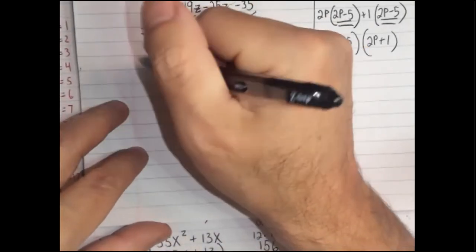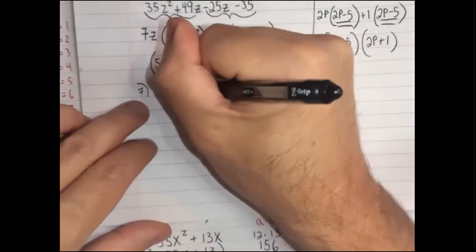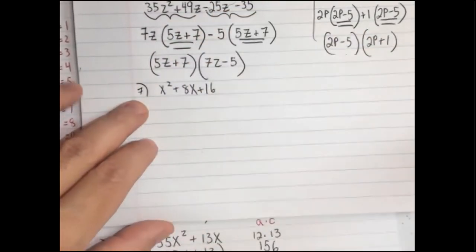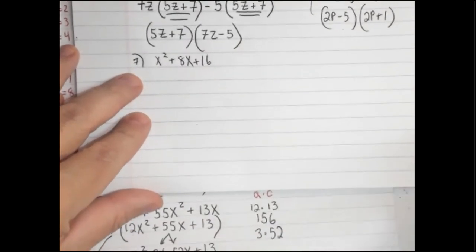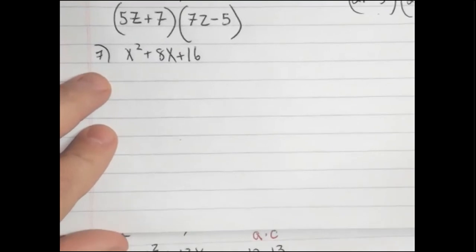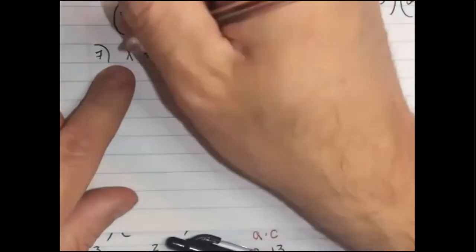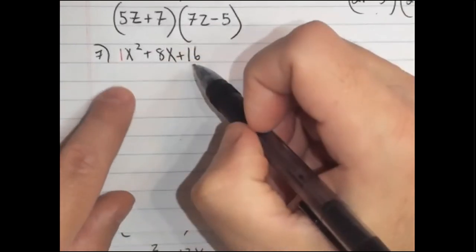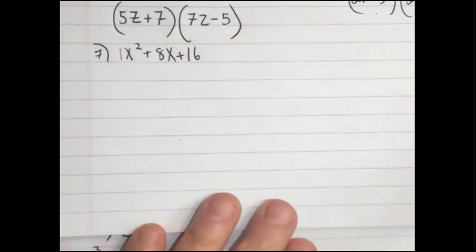Let's look at our first example. You just have to recognize that even though I don't see it here, this is a 1, and 1 is a perfect square. We also know that 16 is a perfect square.